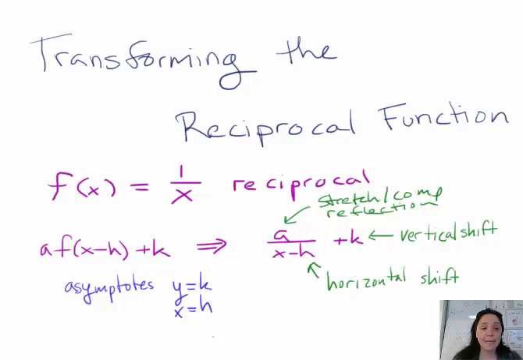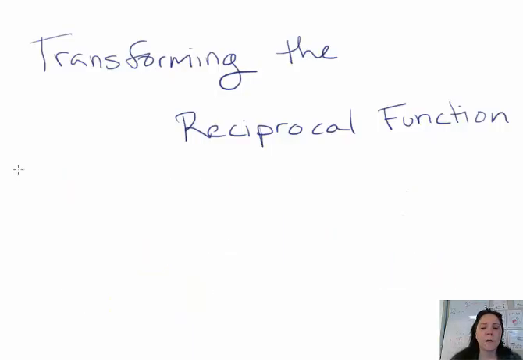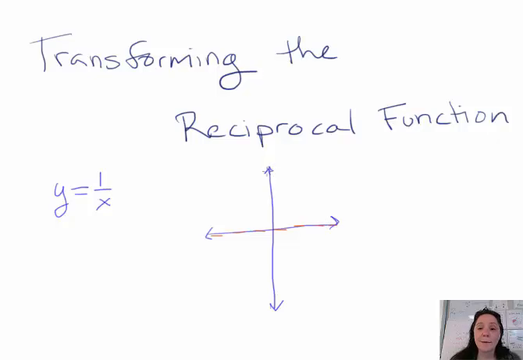So let's grab a clean page and look at a quick sketch of what this looks like. If we consider our function y equals 1 over x, and I consider a y-axis and an x-axis here, then we're going to have a horizontal asymptote here, right on the x-axis, and a vertical asymptote here, right on the y-axis, that can be shifted by looking at our h and k.